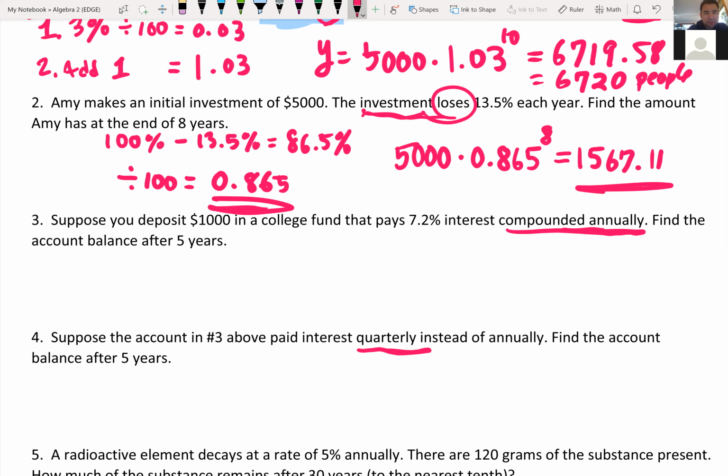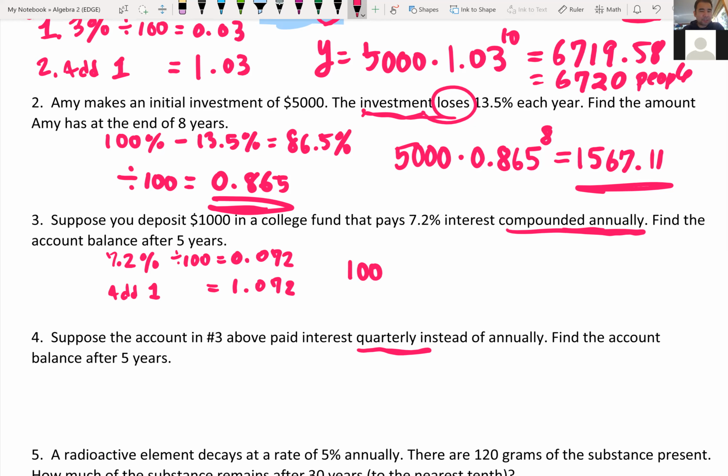So what do we need to do first? 7.2% divided by 100 is 0.072, and then you add 1. Just a normal exponential growth pattern. So 1.072. Okay, that's the rate we're going to be using.